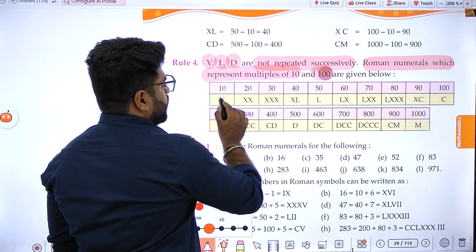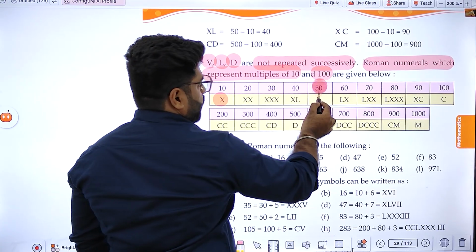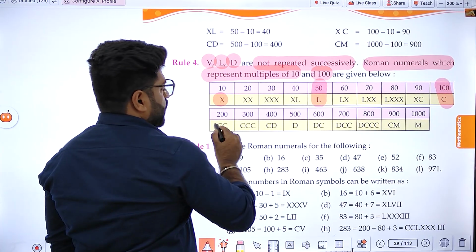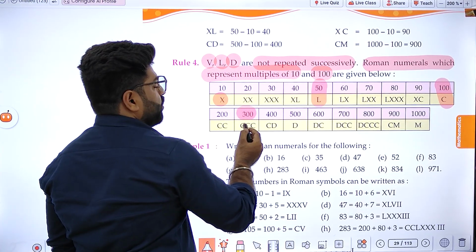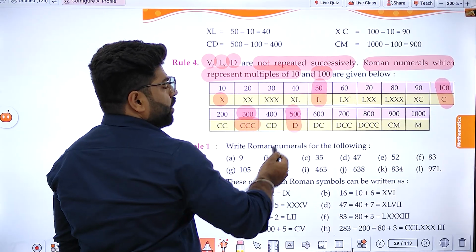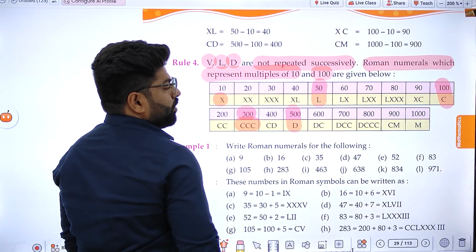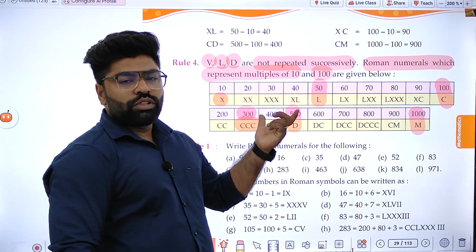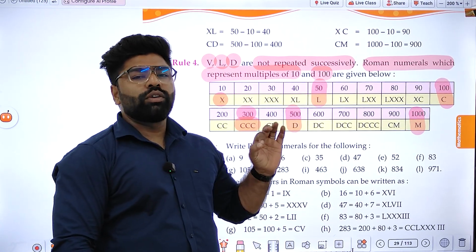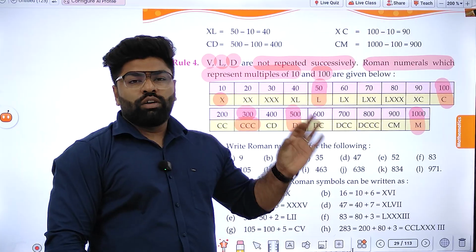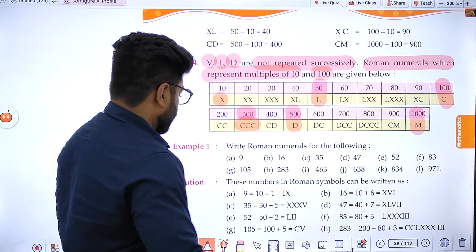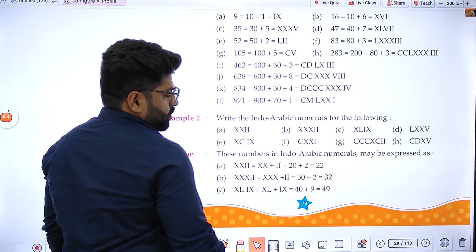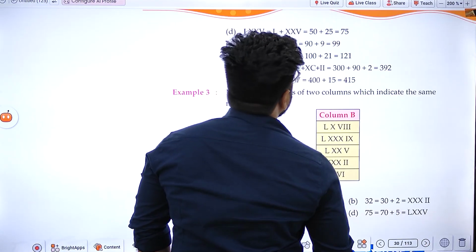So here we are having 10, 20, here for 50, here for 100, then for 300 we have to write it 3 times, then for 500 we are having D, and so on. So you have seen here we are going to use the multiples of 10 and 100 only. We are not going to use the multiples of 5, 500 or 50. Clear? So these are the concepts we are going to discuss. So these are all the examples here.